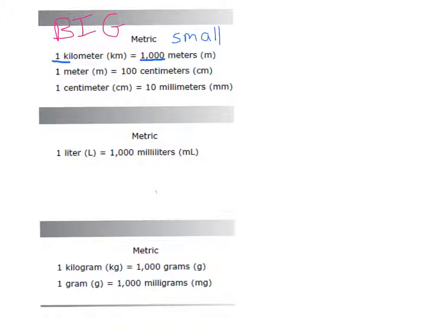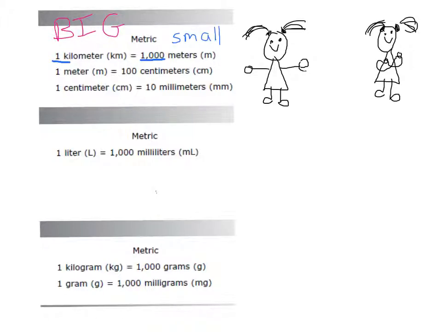Now, I'm going to show a little drawing, don't laugh at my drawing, to help you remember your conversions from bigger to smaller, smaller to bigger. So let's look at our stick person here.